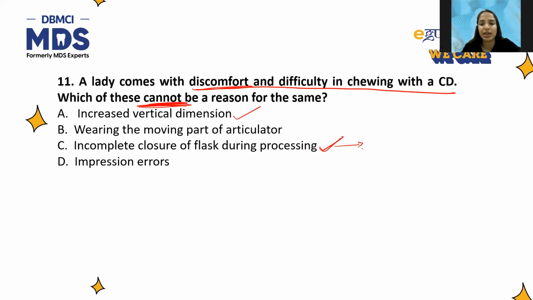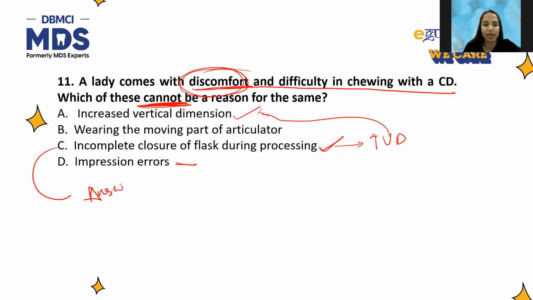What happens is that when you have an incomplete flask closure, it leads to increase in vertical dimension, and increase in vertical dimension contributes to difficulty in your chewing. And impression errors. When you have an impression error, it will lead to discomfort of your patient for wearing a denture.